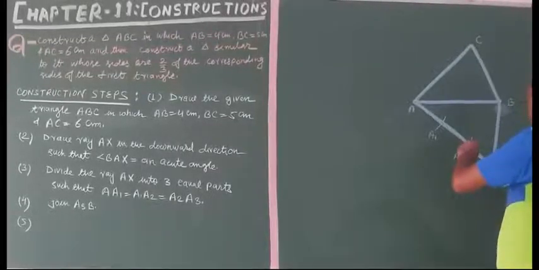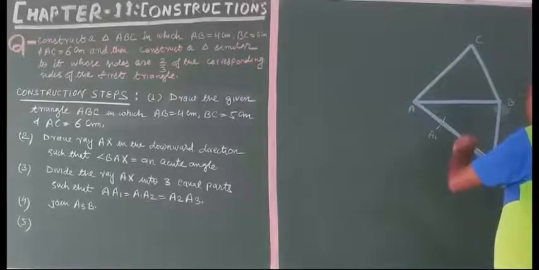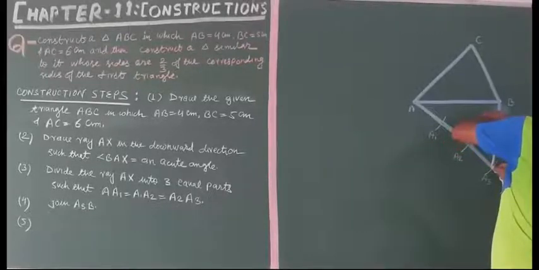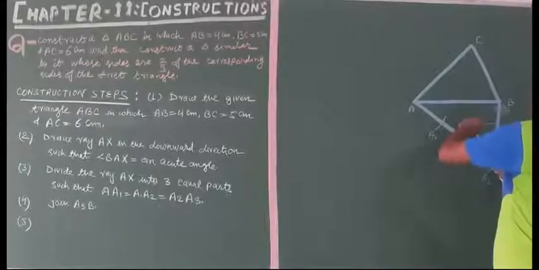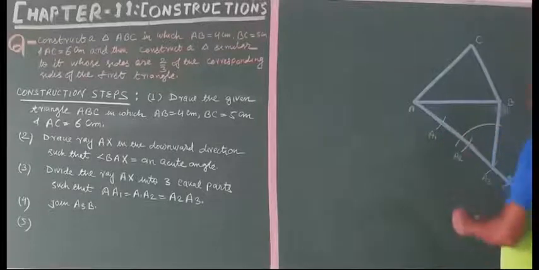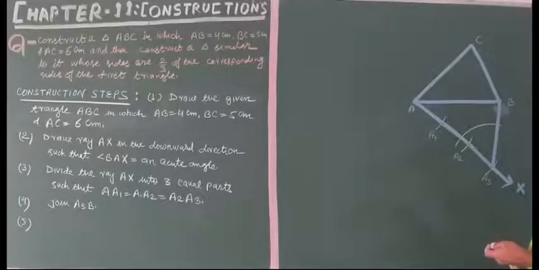This will put here, and we will cut off an arc to intersect this line and this line.